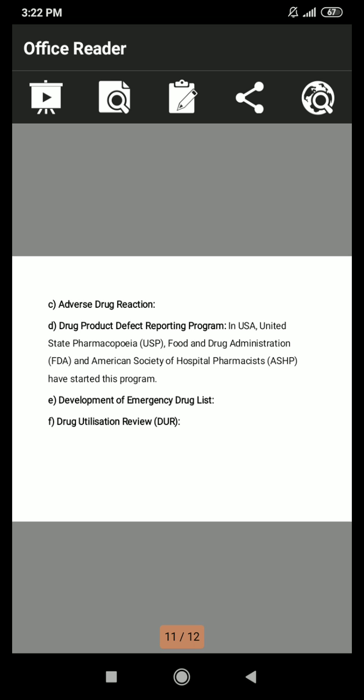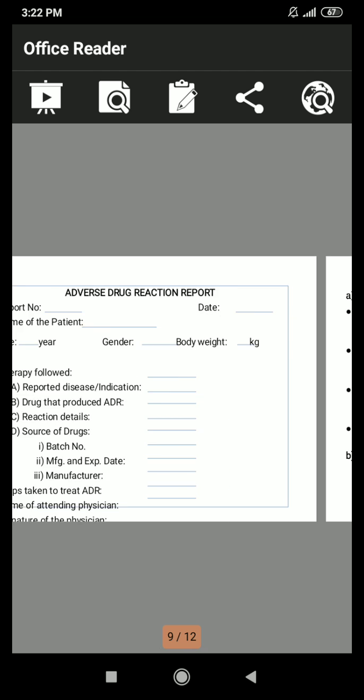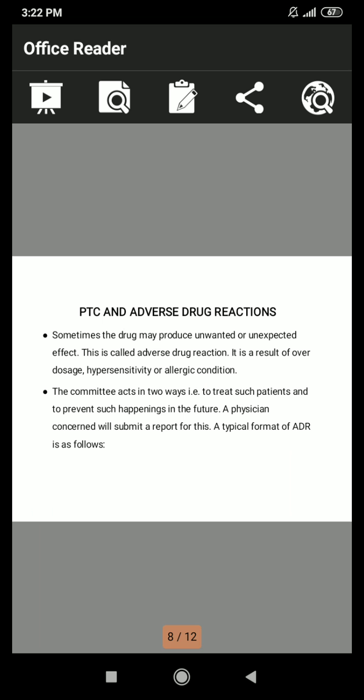Okay, here is the completed chapter of pharmacy and therapeutic committee. Okay, I will revise these points again. PTC and adverse drug reaction. In PTC and adverse drug reaction, sometimes the drugs may produce unwanted and unpredicted effects, which is also called adverse drug reaction.